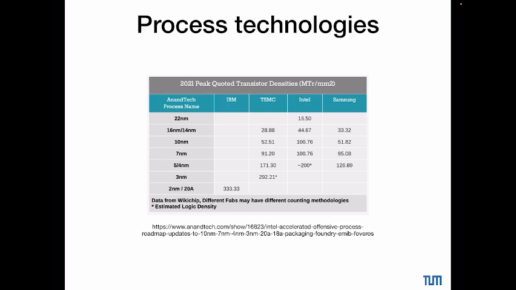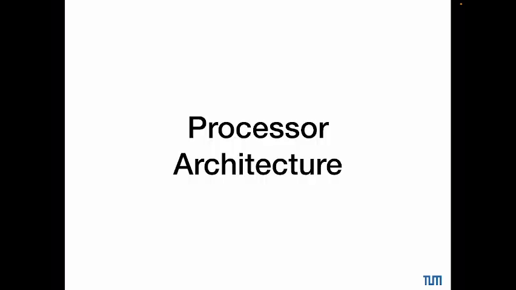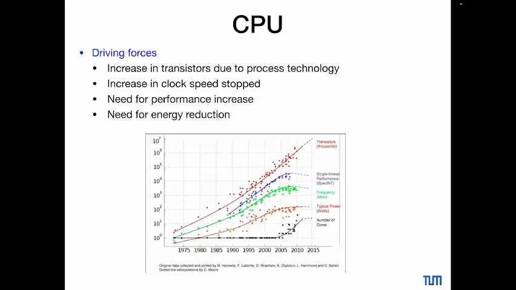And you see the density from the competitors here as well, TSMC and Samsung. And IBM actually is at the 2 nanometer with about 333 million transistors per square millimeter. Good.